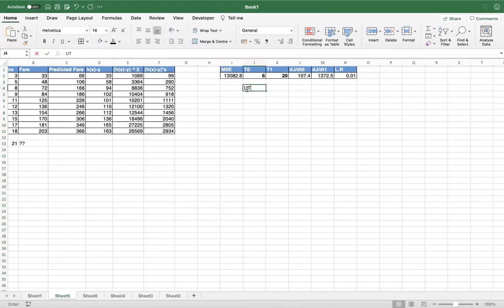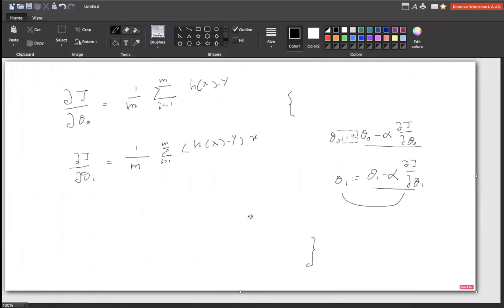I'm going to call them updated theta naught and updated theta 1. Updated theta naught is equal to actual theta naught minus alpha into dou j by dou theta naught, and updated theta 1 is equal to theta 1 minus alpha into dou j by dou theta 1. The formula also says do not stop only once.